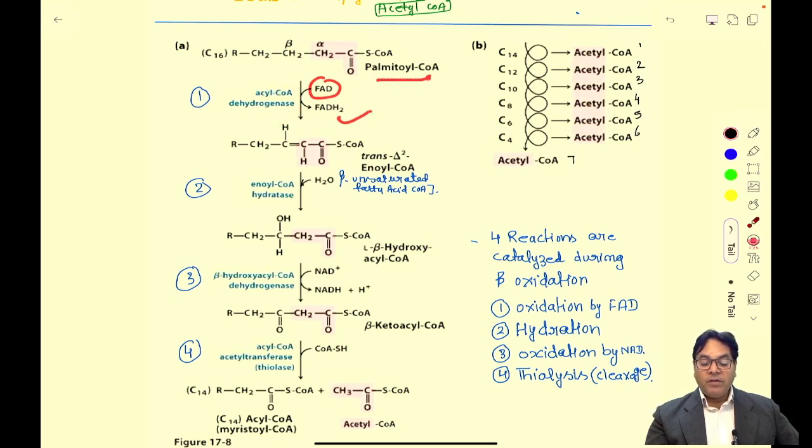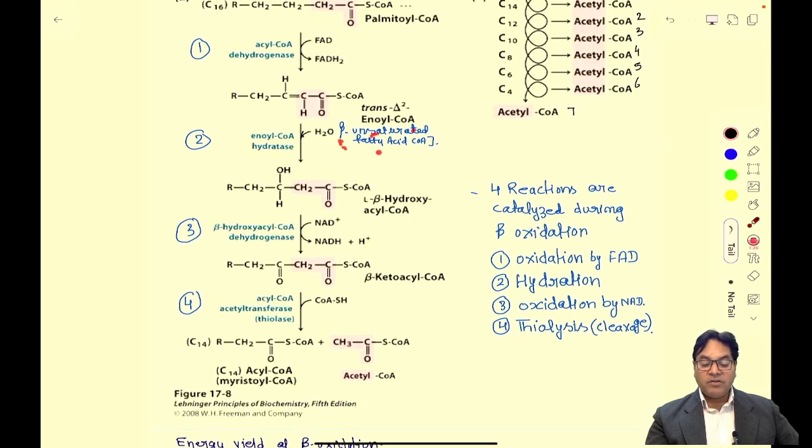So palmitoyl, which is 16, now becomes 14, that is beta unsaturated fatty acyl coenzyme A. This beta unsaturated fatty acid changes into beta hydroxy acyl coenzyme A with the help of enoyl coenzyme A hydratase. This step is called hydration. The first step was actually oxidation of FAD. The second step is hydration. Now the third step is again oxidation, of NAD.